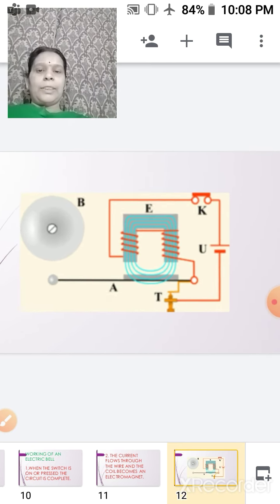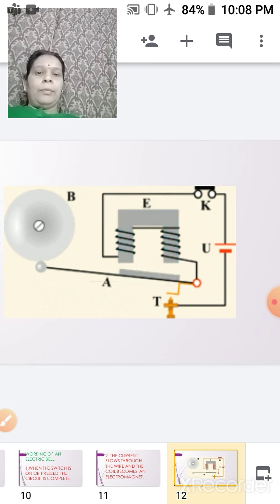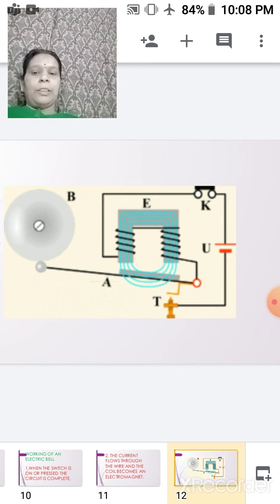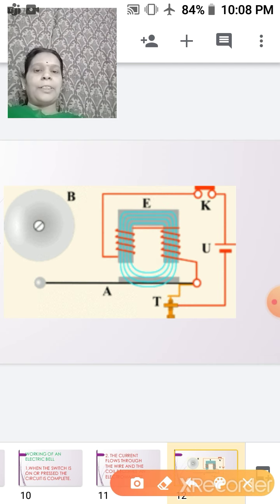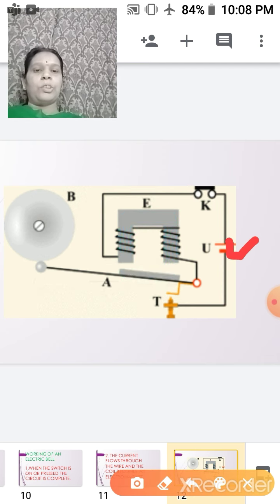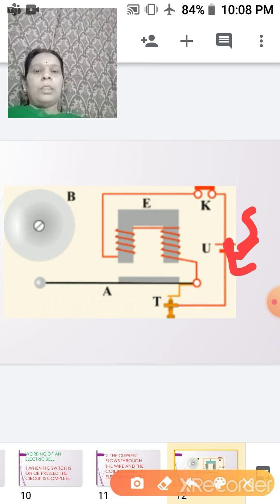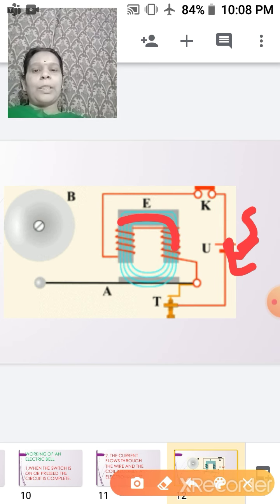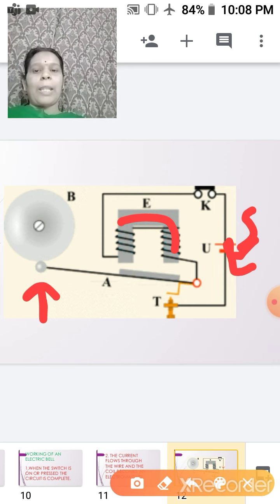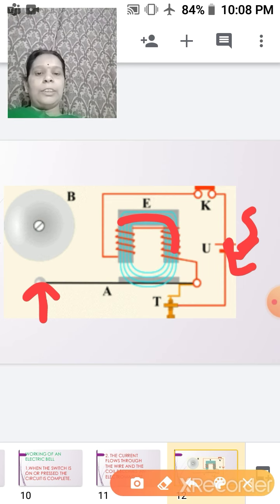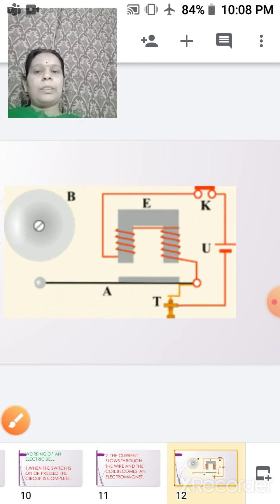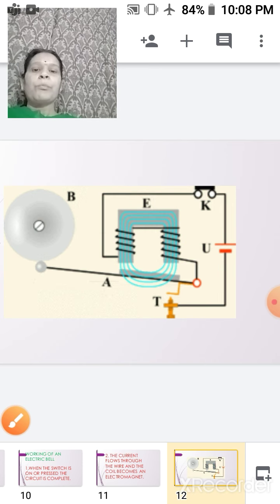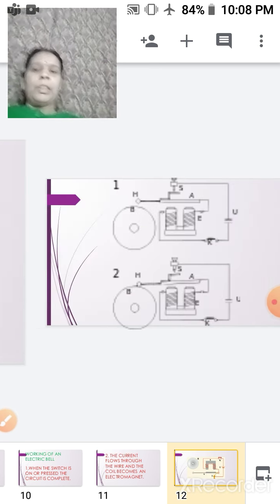Here you can see, this is your switch. We have switched it on. Now current starts flowing, this is becoming an electromagnet, and then this starts banging on the bell. So this is the working of an electromagnet in an electric bell.